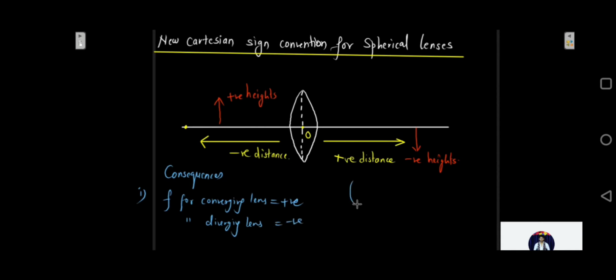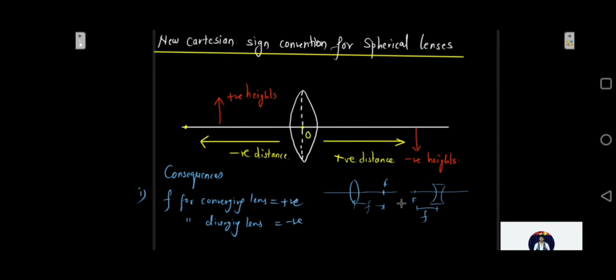I told you generally we consider second focus. So second focal length will be this side. This is going to be your f for a converging lens, and this is going to be your f on this side for a diverging lens, because here you have the second focus, here you have the second focus. That is how for converging lens the focal length will be positive, and for diverging lens the focal length is going to be negative.